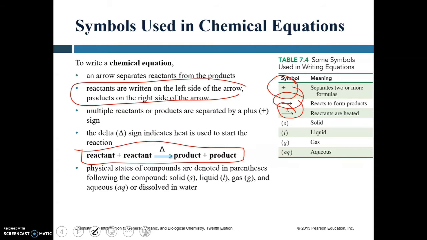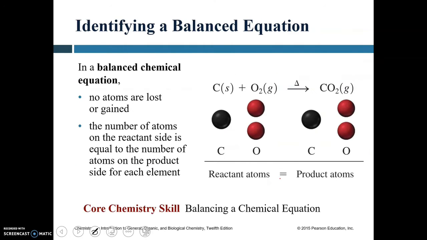Physical states of compounds are denoted in parentheses after the compound, where S is solid, L is liquid, G is gas, and AQ is aqueous, which means dissolved in water. The important feature of a balanced chemical equation is that no atoms are lost or gained, and the number of atoms on the reactant side is equal to the number of atoms on the product side for each element.